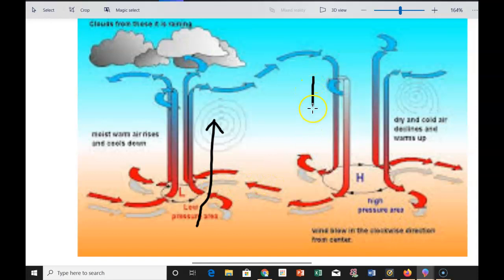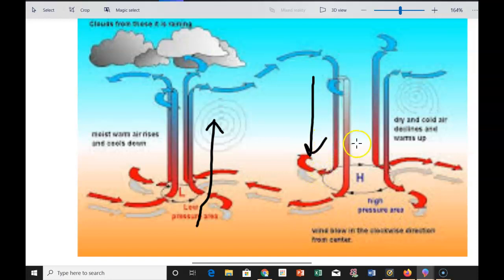Now, high pressure, we have just the opposite. High pressure is sinking air, so the air is sinking towards the surface of the earth, and if the air is sinking, it's pretty tough for clouds to form. And so typically when you have your nice sunny days, you're going to have a high pressure. So as the air sinks, it inhibits the formation of clouds, and you have a rotation that is clockwise.